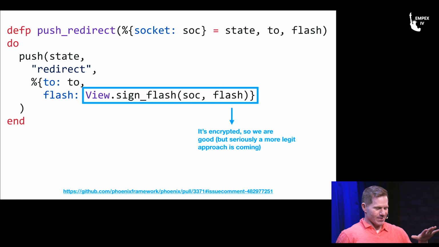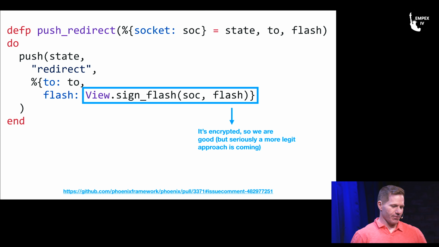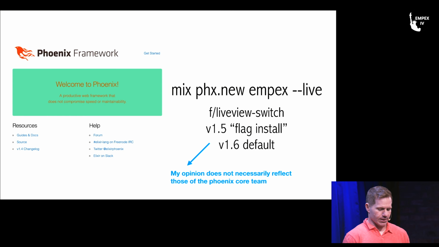So it's secure from a standpoint of the message should not be able to be tampered with any more than someone could tamper with your socket, your connection session. But just beware that there is a better feature coming soon to allow you to talk between your socket and your connection after the fact. But if you really want LiveView for your login, then this will work, and this is how the app I showed is currently set up for that.